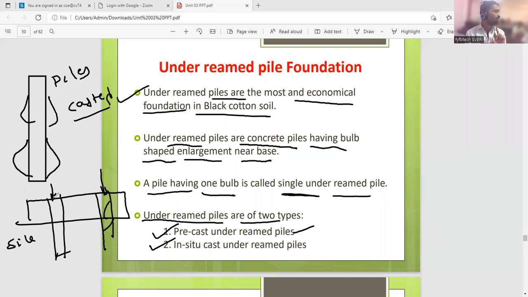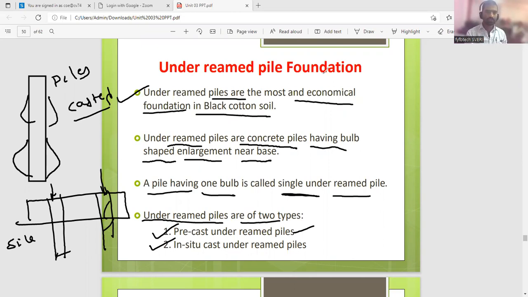What is the difference between pre-cast and cast in situ? Pre-cast means they cast before placing on the ground, in the laboratory. They will cast, they will cure, and afterwards they will pick and put it in the ground. Cast in situ means they will cast at the site only. They will open the ground, dig the holes, and pour the concrete. That is called cast in situ.